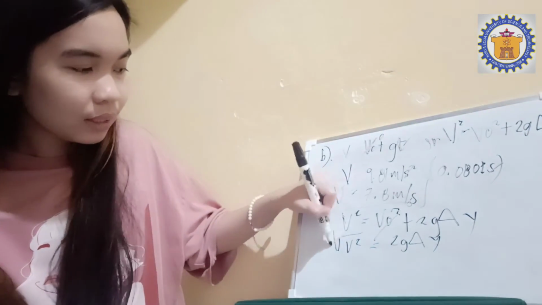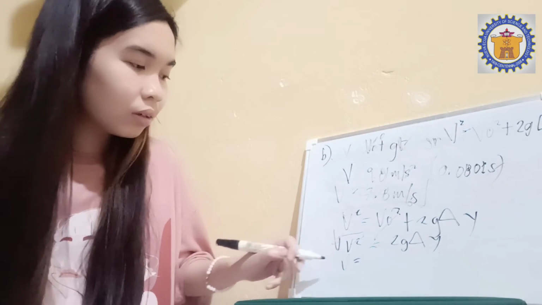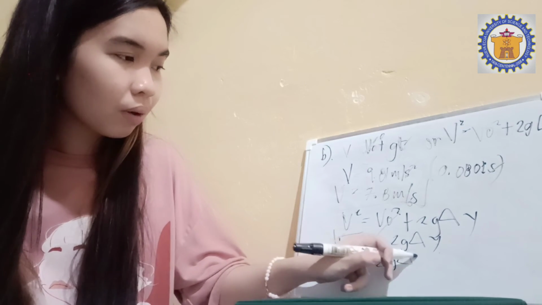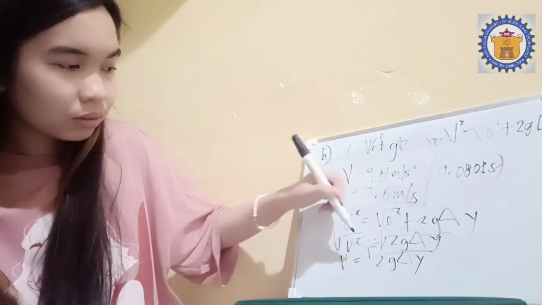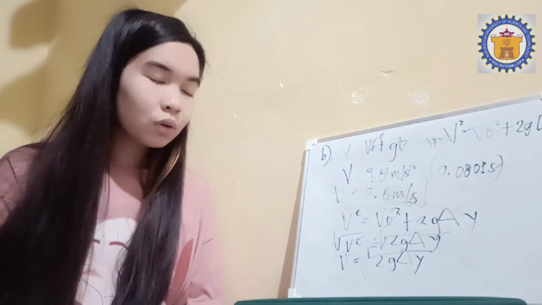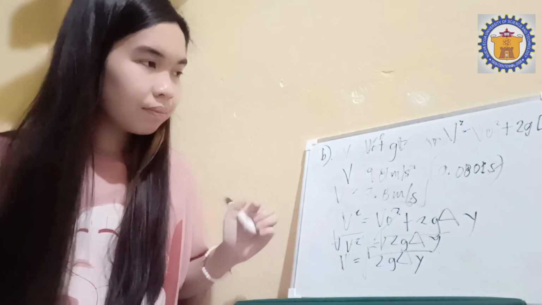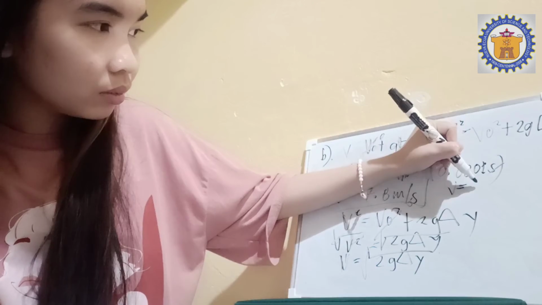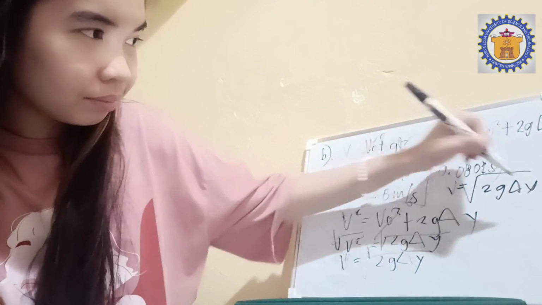So, makakancel na ngayon tong si squared. So, v is equals to square root of 2g delta y.